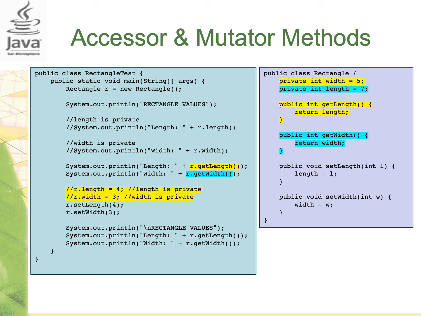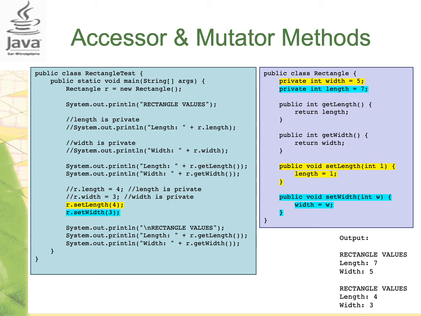A mutator method is used when we want to set the value to something else. We cannot do r.length equal to 4 or r.width equal to 3 because they are private. So instead, we can use the mutator methods. The syntax for it is public void setX with a parameter list, and X is the data that we want to set.